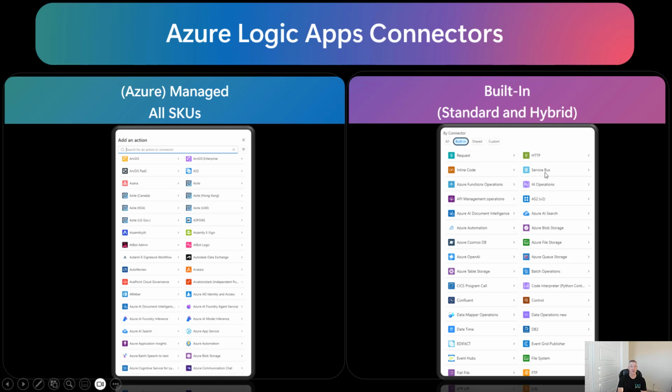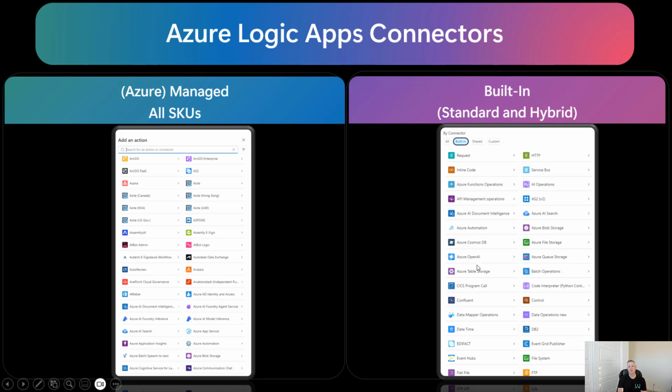So things like Service Bus, where you've got a lot of messages going back and forth, HTTP, calling a custom API, the ability to call Azure Functions, Azure API Management. So you want to have some inline code, right? That's always a concern when you have a public service: how do we avoid customers doing something that could impact others? Well, guess what? It's in your local compute. You can go ahead and write that inline code.